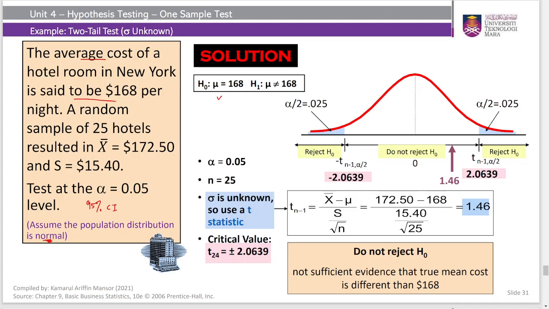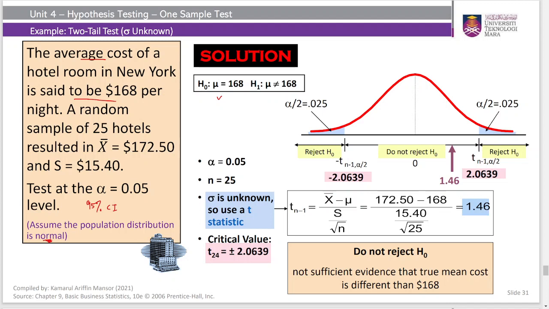Okay. How do you know that this is a two-tailed test and that the hypothesis is written like this? Mu equal to 168, mu not equal to 168. It comes from the question itself, because it says here the average cost of a hotel room in New York is said to be 168 per night.